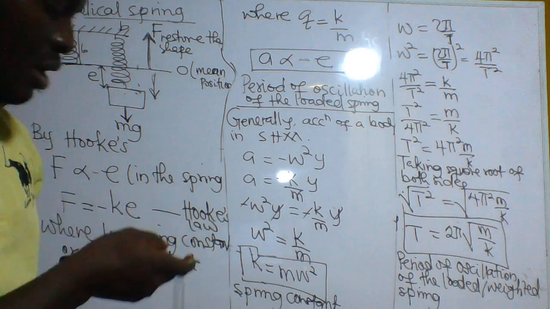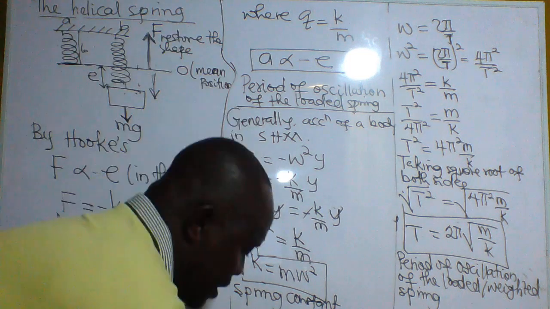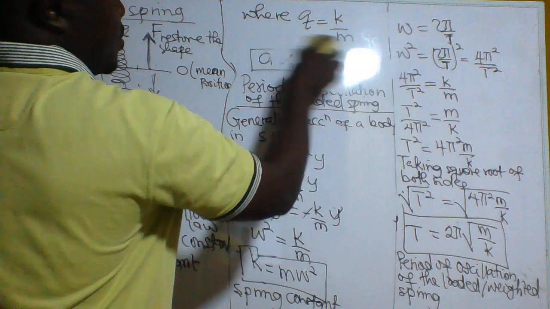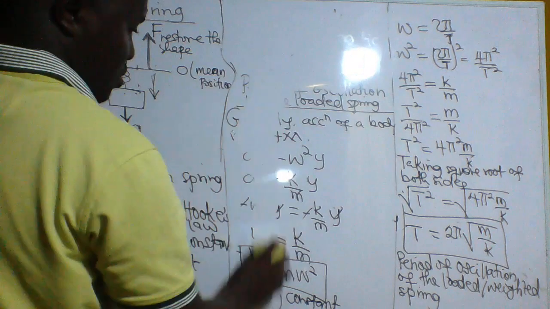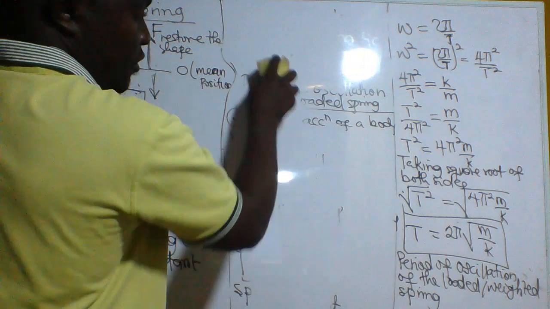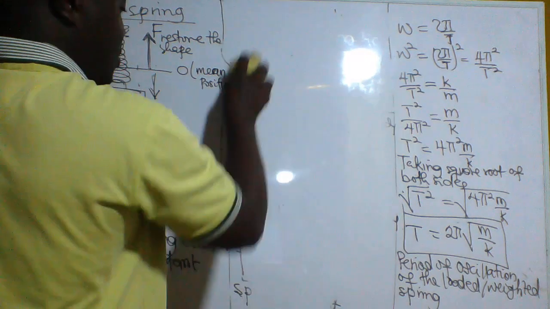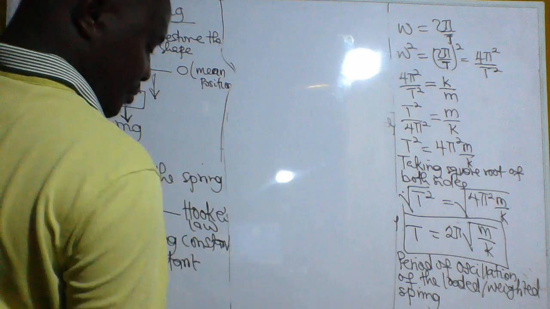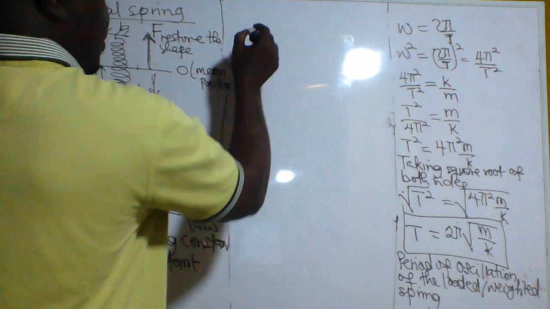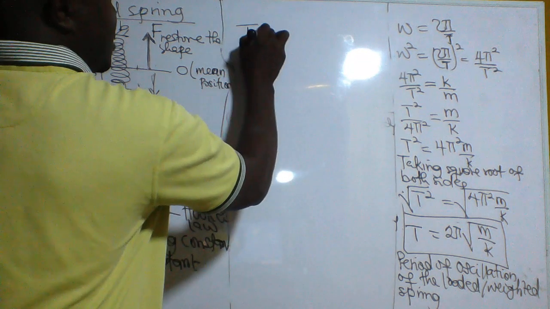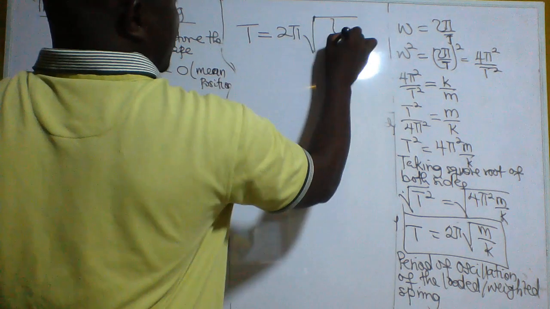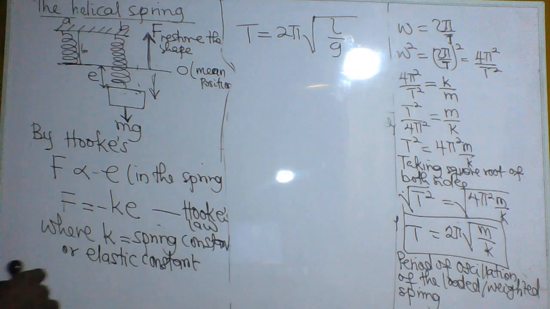Okay, when we compare it to the period of oscillation of the simple pendulum, the period of oscillation of the simple pendulum is T equal to 2 pi times the square root of L over g.